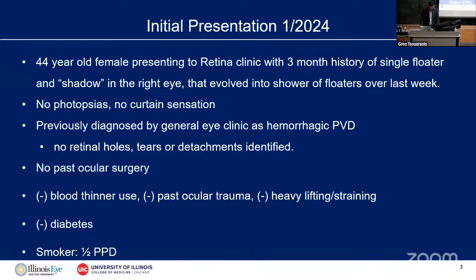So our patient today is a 44-year-old female presenting to Dr. Heiferman's retina clinic with a 3-month history of a single floater and shadow in her central vision of the right eye that evolved into a shower of floaters over the last week. Notably, the patient did not endorse photopsias or curtain sensation. She had previously been seen in our resident-run general eye clinic and was diagnosed with a hemorrhagic posterior vitreous detachment.